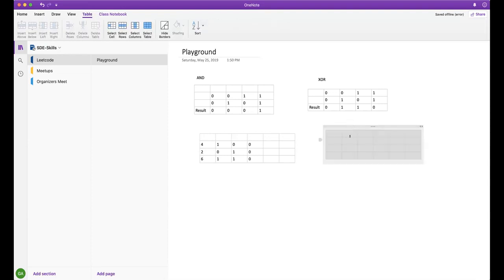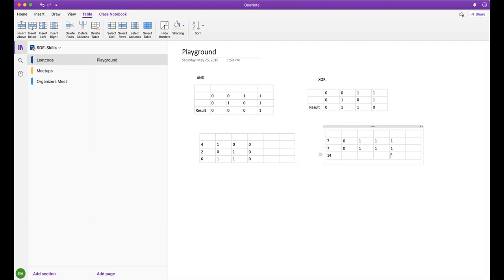Now let's talk about what if a number is 7 and 7. What's the representation of 7? 1, 1, 1. I'm just taking 7 because it will involve carry. Now, if we have to add in terms of binary, what will 1 plus 1 give us?